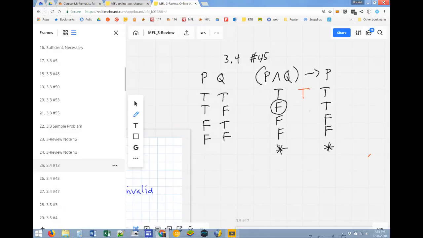If true, then true is true, right? Yep. If false, then true, true. If false, then false, true. If false, then false, true. So look at the answer column. It's all true. That's called a tautology. Yes. Okay.